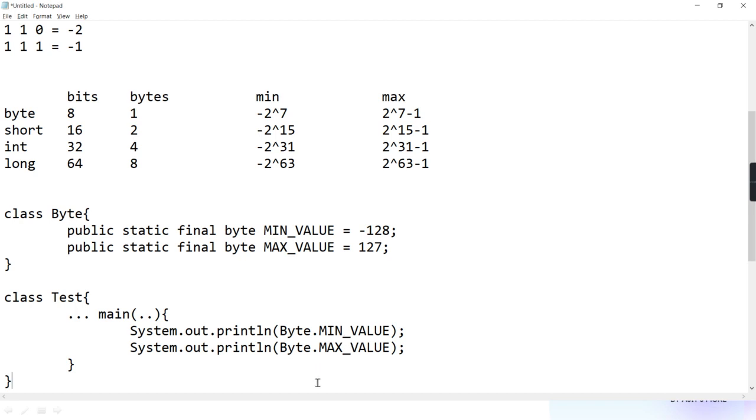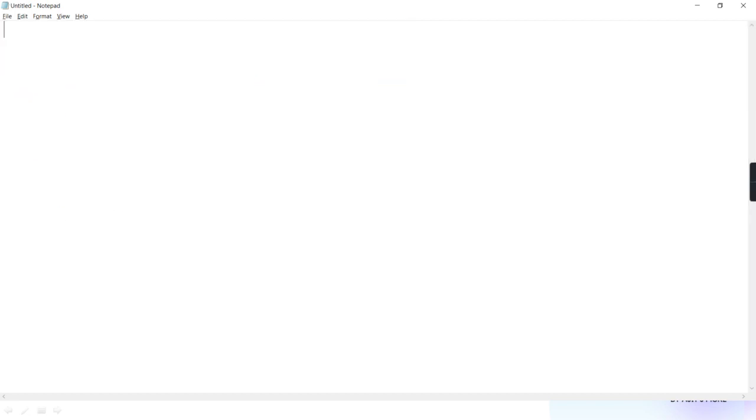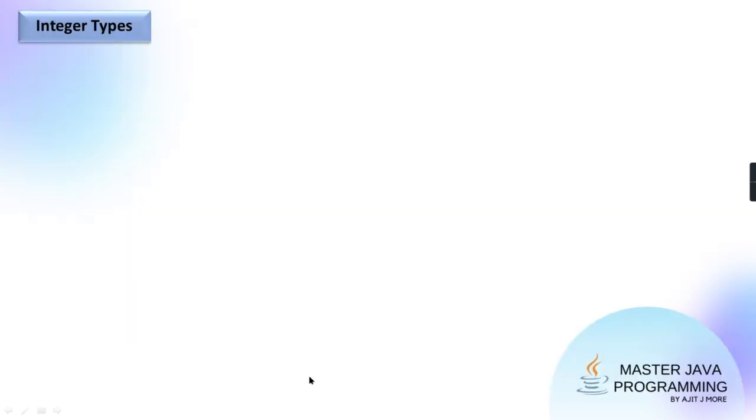I've many times told you in the past, when you are accessing class name dot, it is static. Object dot, it is instance. And you know there are only two types of members: static member, instance member. One session we have discussed on that only, guys. Yes or no? So this way, can I access the minimum and maximum of Integer also, Byte also, Short also, Long also? You can do it.